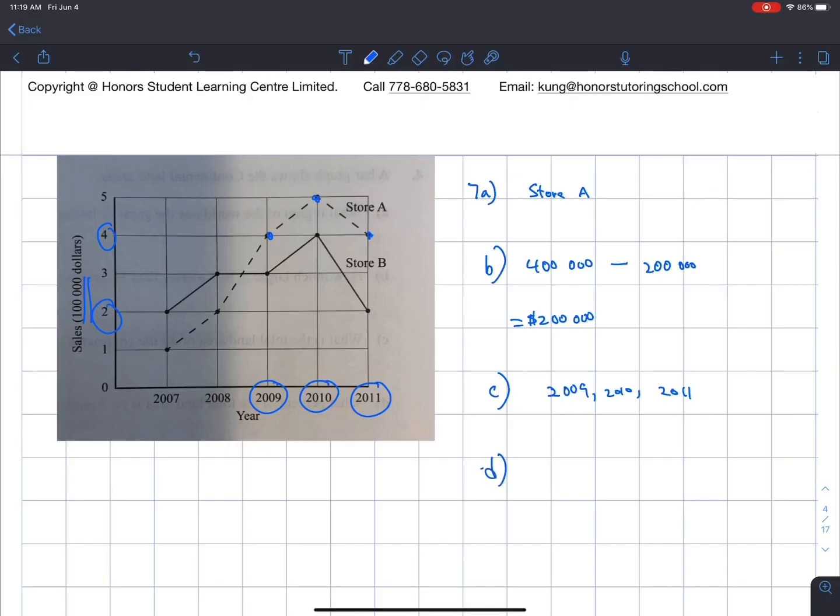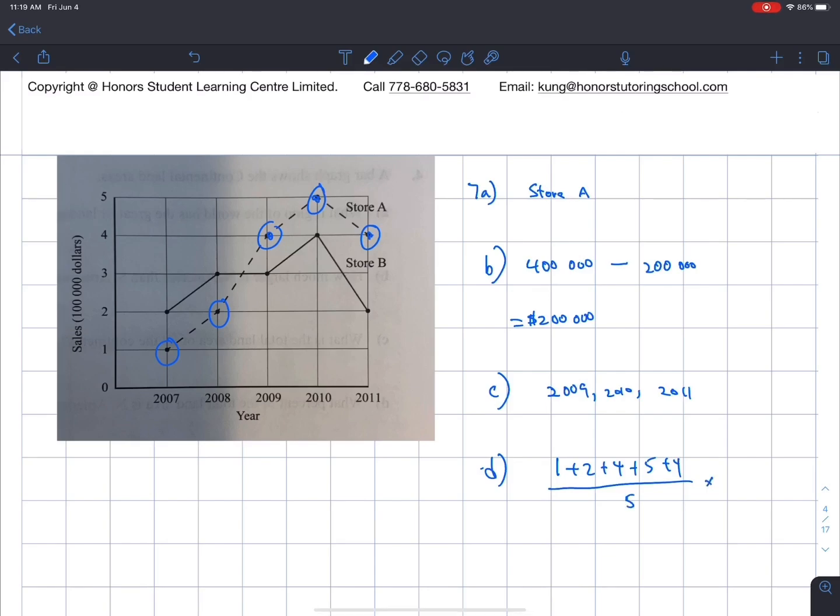What was the average sale of store A from 2007 to 2011? So the average sale is 100,000 plus 200,000 plus 400,000 plus 500,000 plus 400,000. So 1 plus 2 plus 4 plus 5 plus 4 divided by, this is over a period of 5 years.